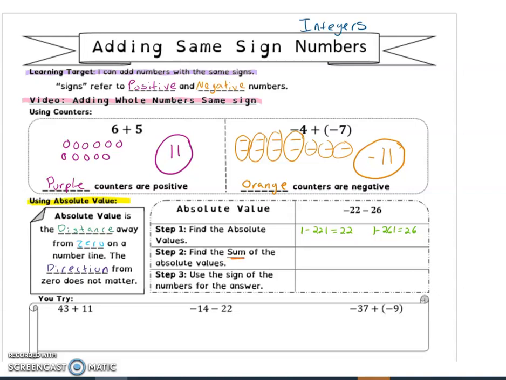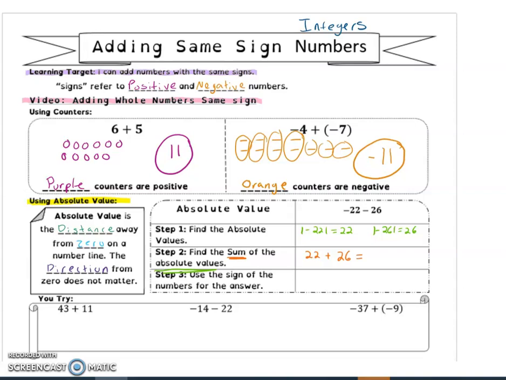Step 2 says to find the sum. What does sum mean? Sum means to add. So we're going to take the two numbers that were the absolute values, the numbers that we found in step 1. So we're going to take 22 plus 26 to get our answer.